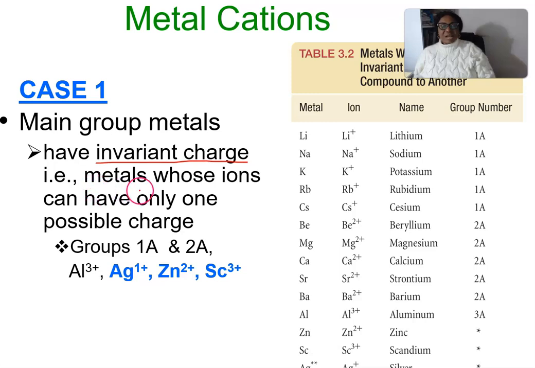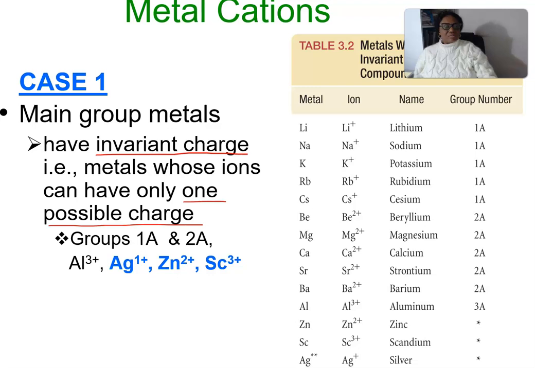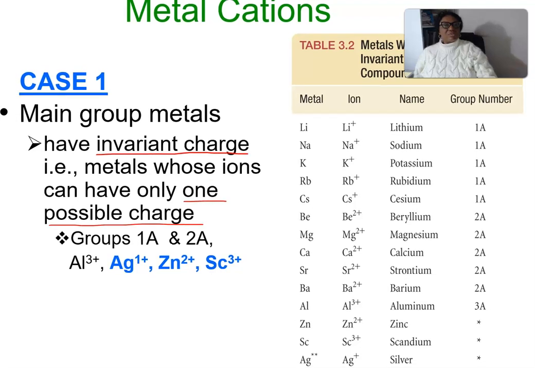That is, metals whose ions can have only one possible charge. An example: group 1A, group 2A, plus some transition metals like silver, zinc, and scandium. Their ions can have only one possible charge. So these are some of the examples of cations with only one possible charge.